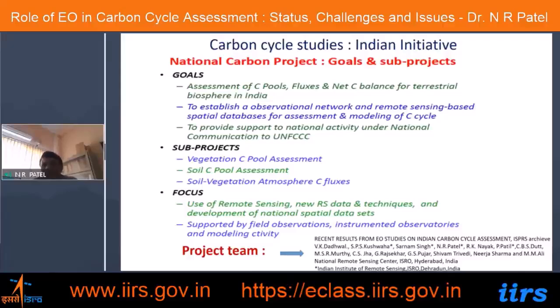But we have also initiated, in a modest way, a national carbon project by our project director, Dr. V.K. Dadhwal, who was our dean earlier at the Indian Institute of Remote Sensing, and also director of the National Remote Sensing Agency.